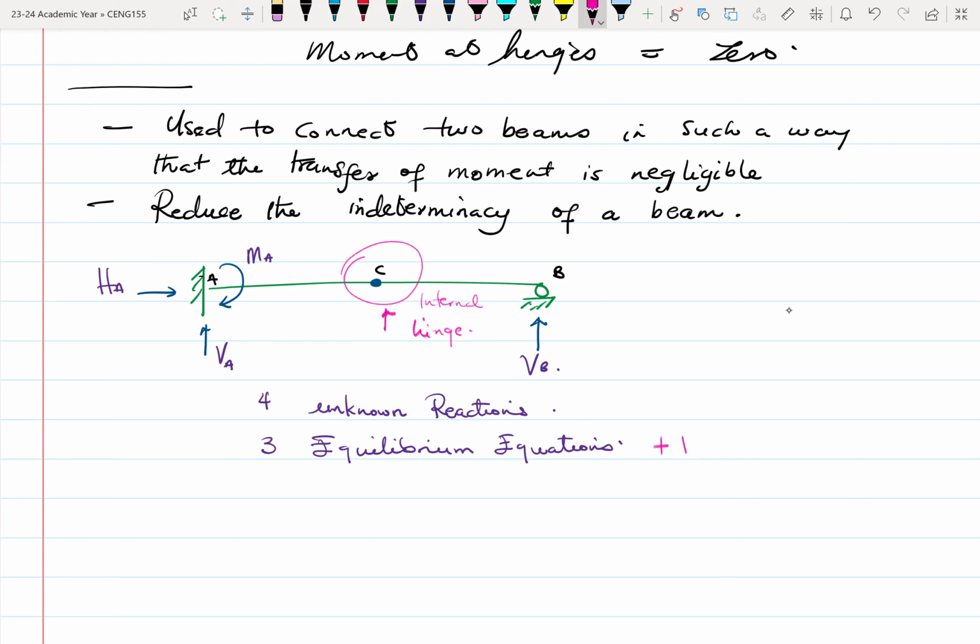So this plus one here is coming from the one internal hinge. In a way, it makes the equations equal to 4. The three equilibrium equations plus the one additional internal hinge becomes 4. Now if you compare these two values, 4 is equal to 4, and it makes the structure statically determinate.